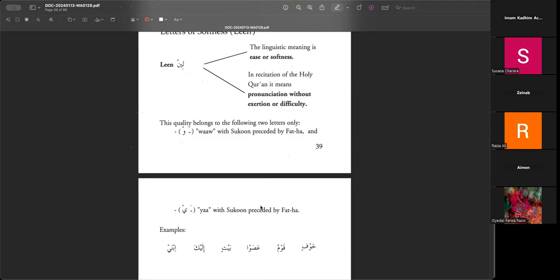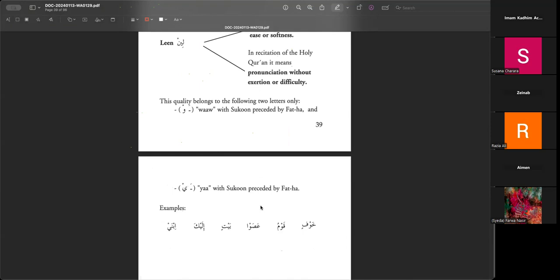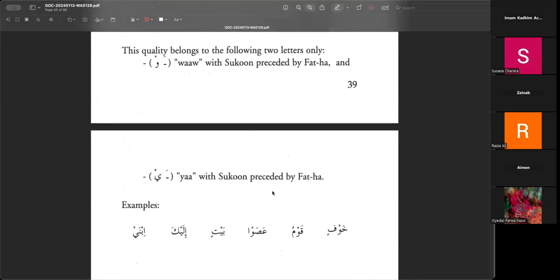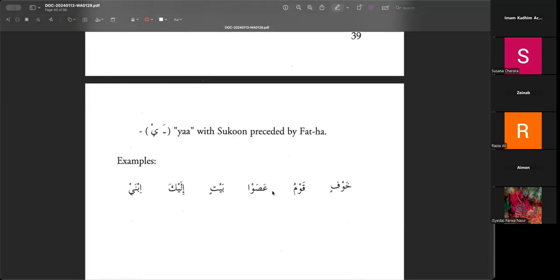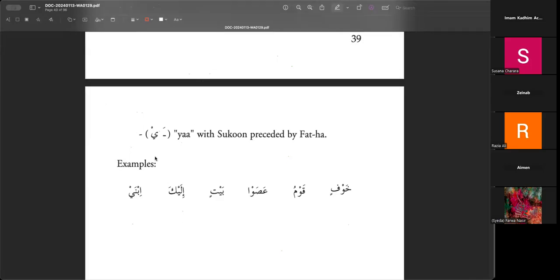This quality actually comes naturally when you're saying the word. So for instance, in khawf, the waw has a sukun and it's preceded by a fatha. So the waw is going to have a soft sound. Khawf, qawm, asaw, ilayk.